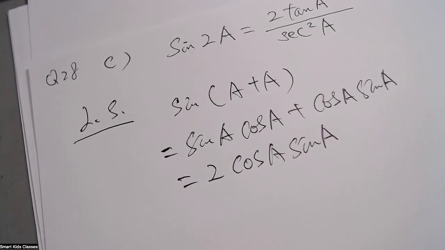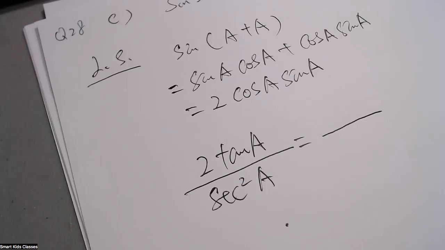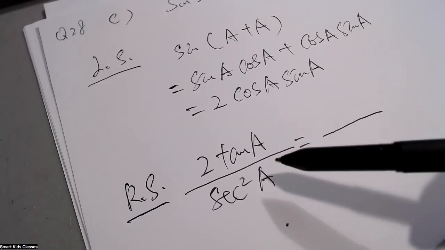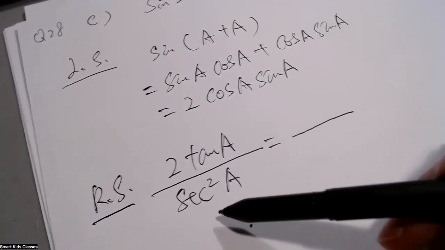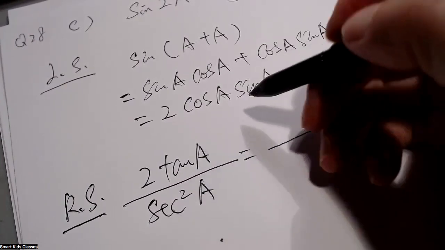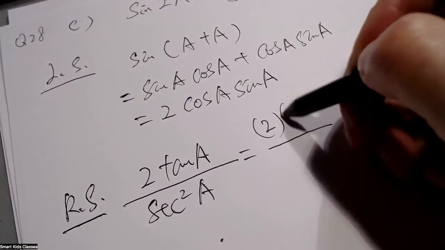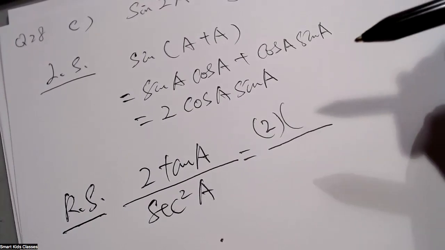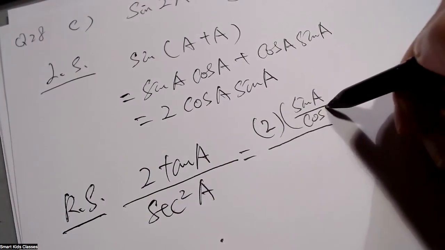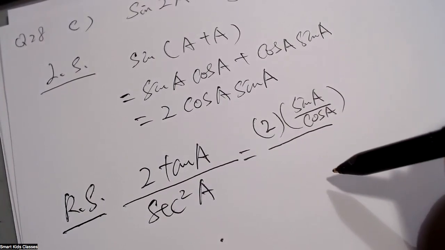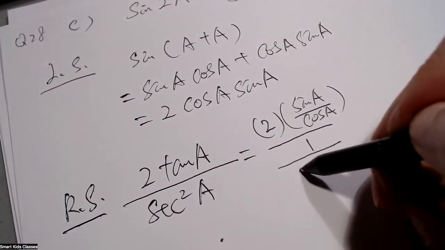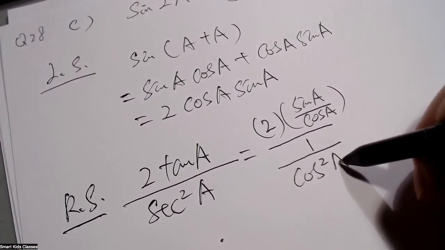I'm going to solve the right side. We have 2 tangent a over secant squared a. We're going to write it as a fraction: 2 times sine a over cosine a, and the denominator will be 1 over cosine squared a.